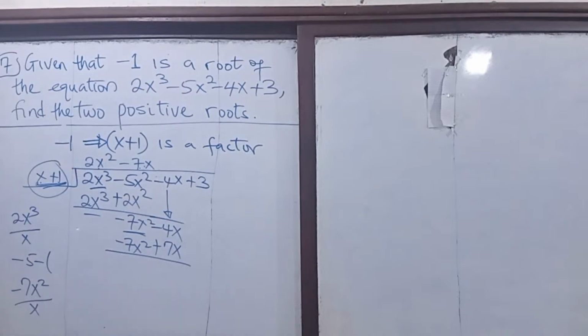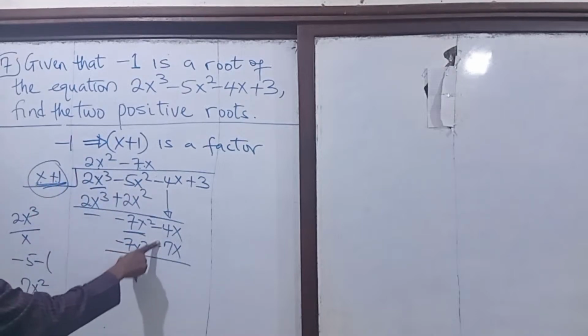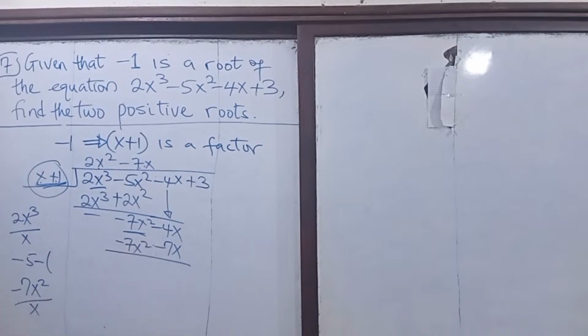Which will be equal to what? Minus 7x times plus 1, that's a minus 7x. Do the subtraction. This minus this, cancel.